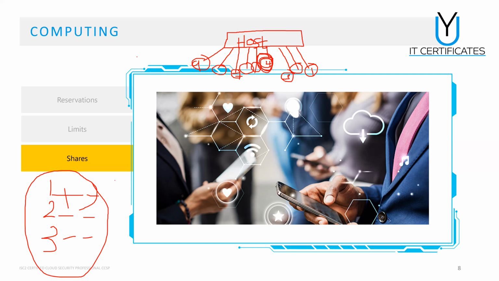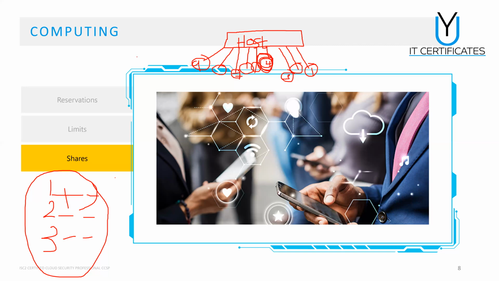This shares value will be used when the resources are utilized and there is a large request on the resources, and the resources are not enough to satisfy the requirements of all the VMs.